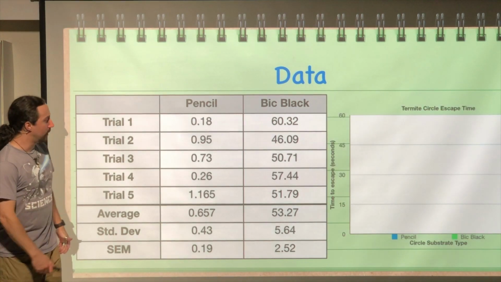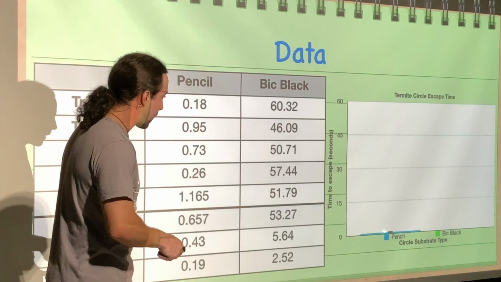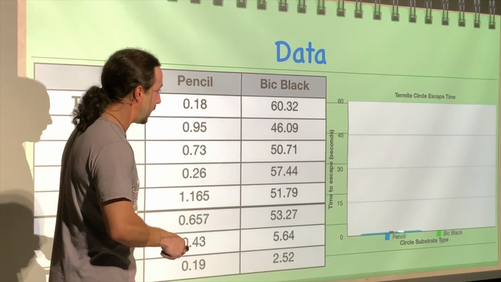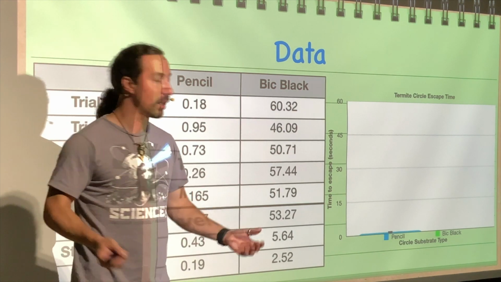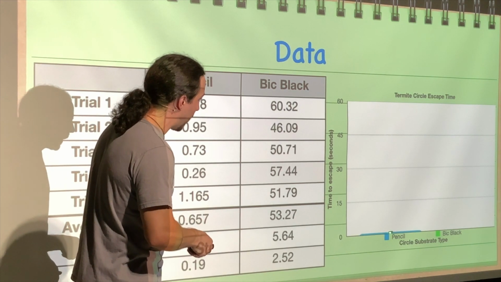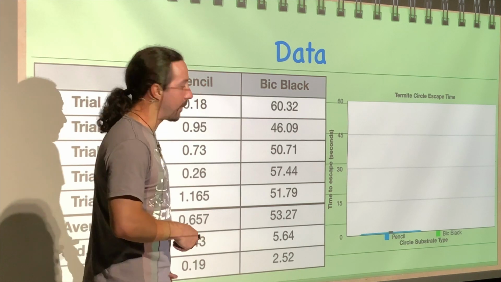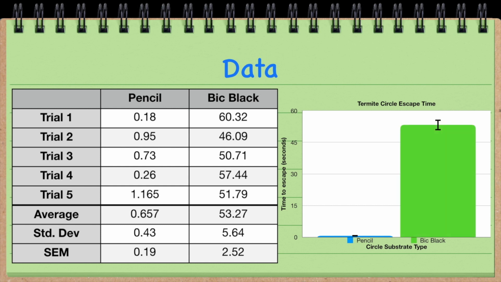And so, I charted a little graph over here, just so you can see. That graph right there, that line, it's very hard to see. That is the average length of time that the termite stayed within the pencil circle. And that little black mark, that is the error bars. And then this is how long the termite stayed within the black Bic pen circle.